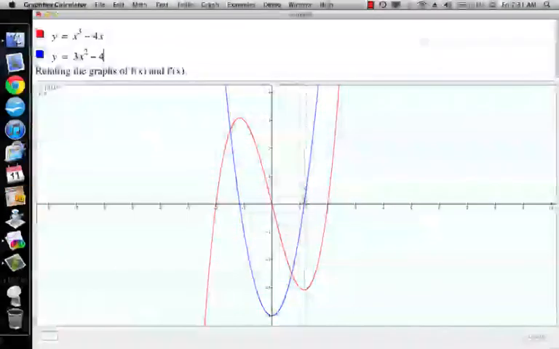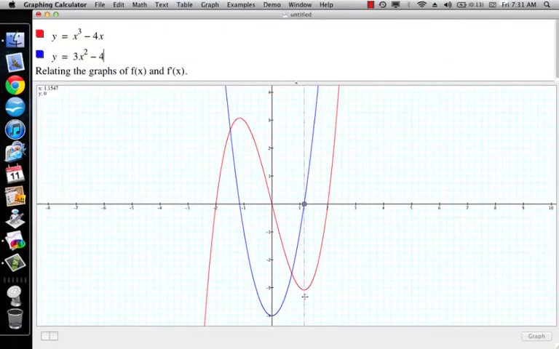Down here, the blue graph goes from being negative to positive, so my red graph goes from going down to rolling over, so then it's got a slope of 0, and then it comes back up.